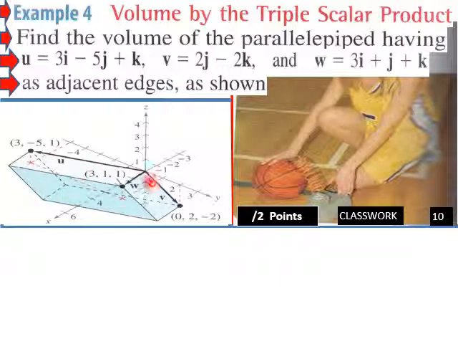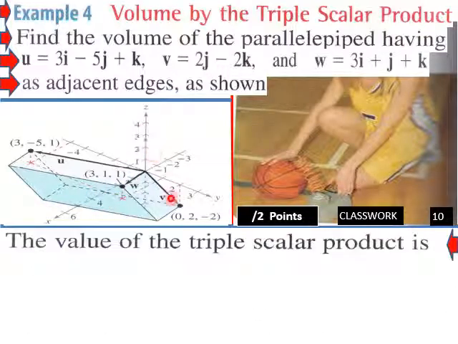You have a face here, then you have a face here, and then like that. So this is u, and then v, which is here, and then w. Where is w? This is v here and w here. That must be w there.